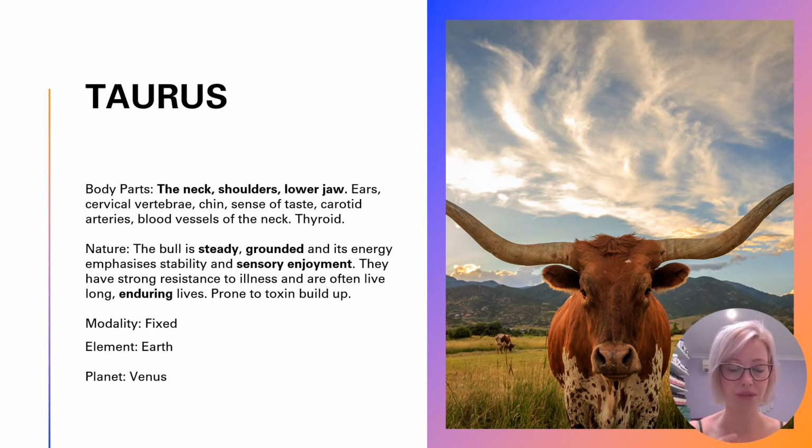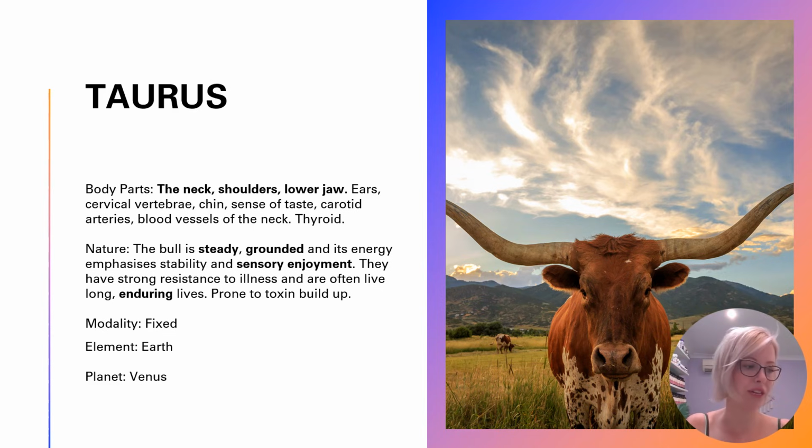And so they can sometimes be quite prone to eating a lot of it because they love that sensory enjoyment. However, when we overeat things that are perhaps a bit too rich or have too many treats, we can get a toxic buildup in us because we're either gaining weight, we're not having bowel movements, whatever it is. And we go into that more through the lessons. But that is very Taurian.